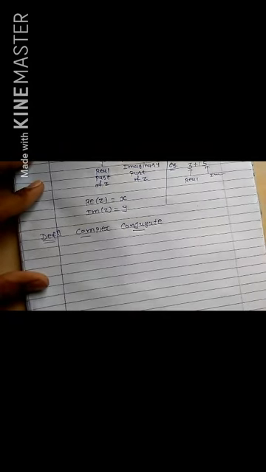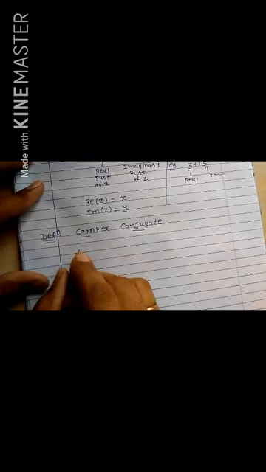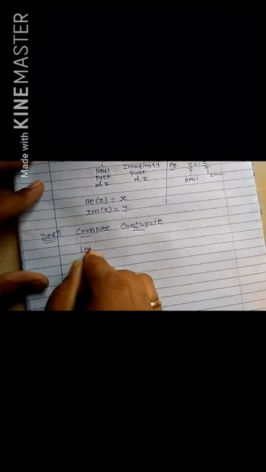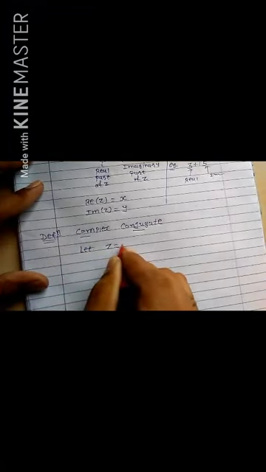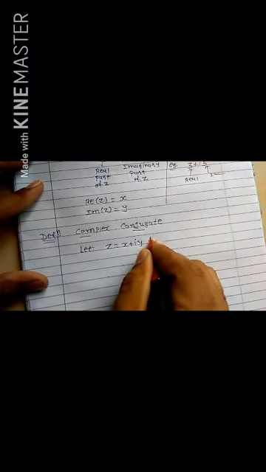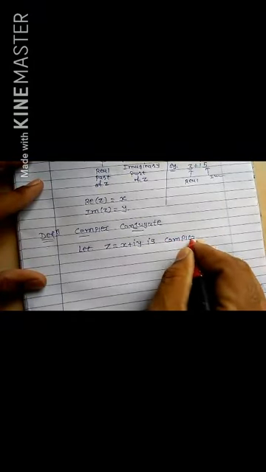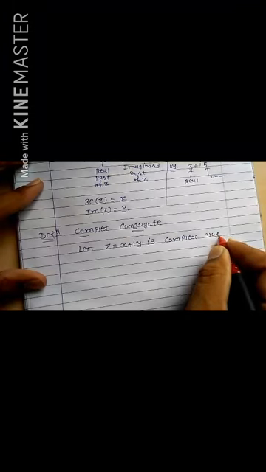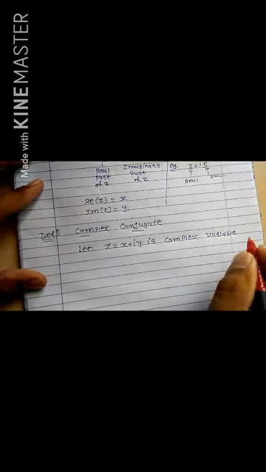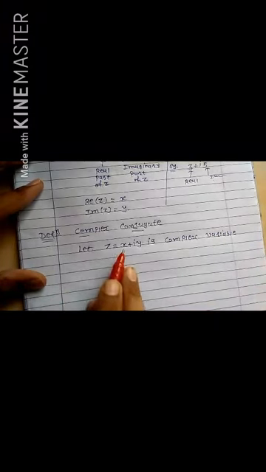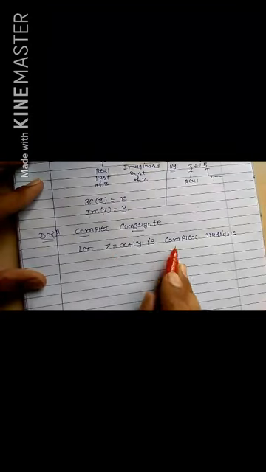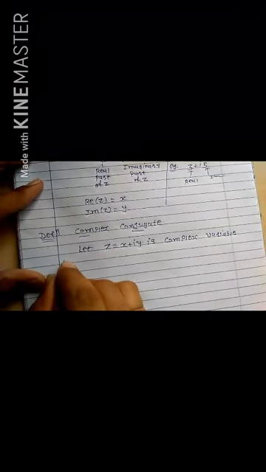First, write the definition. Let z equal to x plus iy be a complex variable or complex number.